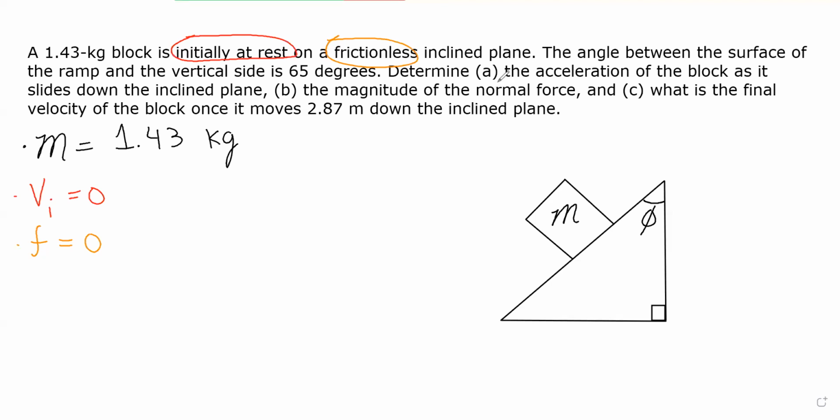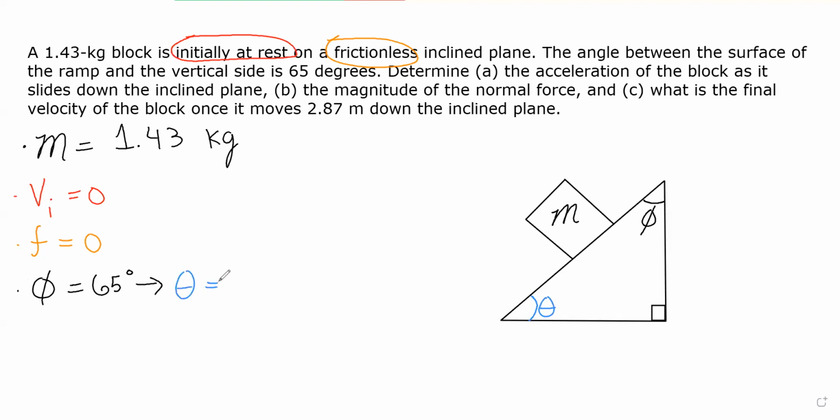They identified the angle, which I labeled as phi. They said this was 65 degrees. And we could work with this, but we can use this angle to identify what we're normally given, the angle at the base of the ramp, which I'll label theta.